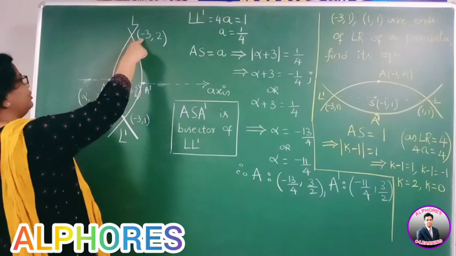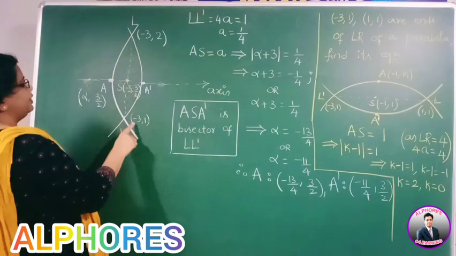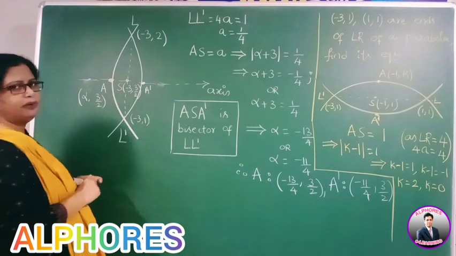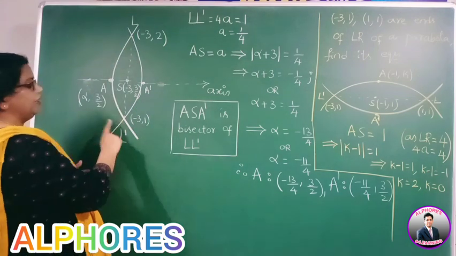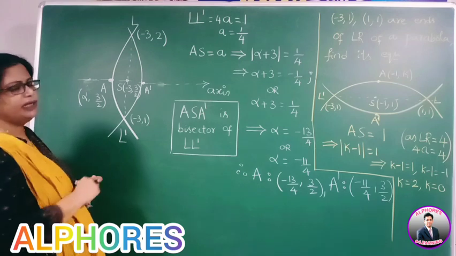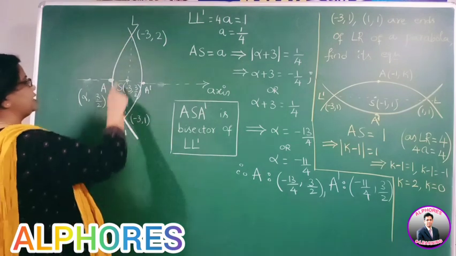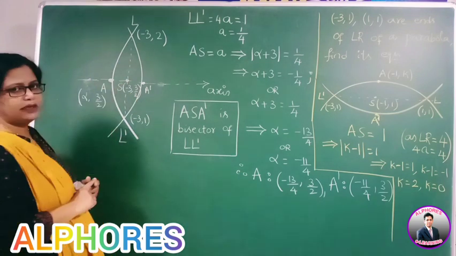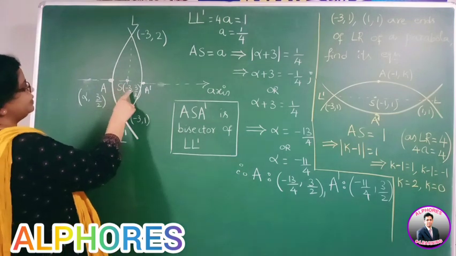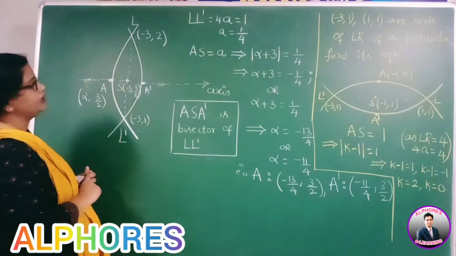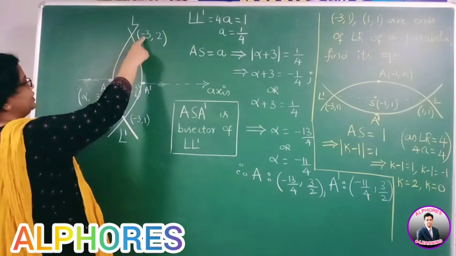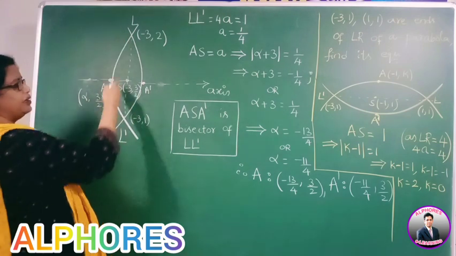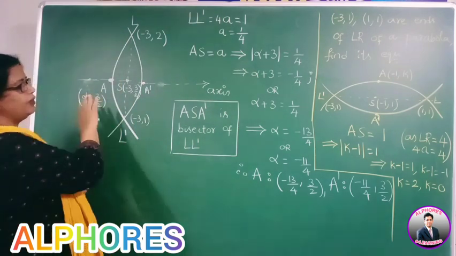If I take the middle point, it is (-3, 3/2), which is exactly the focus. This is only for the latus rectum, not for a general double ordinate. This is a double ordinate as well as passing through the focus, and therefore the middle point is exactly the focus. Once the focus is (-3, 3/2), and the abscissa is the same, the latus rectum is parallel to the y-axis.